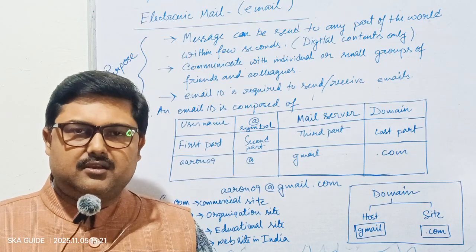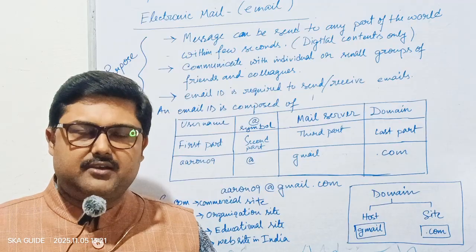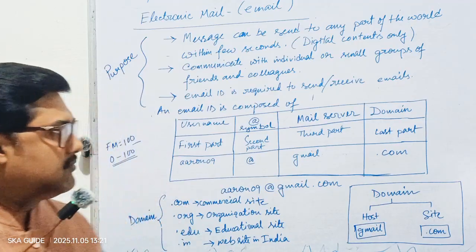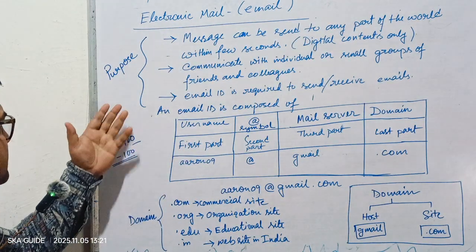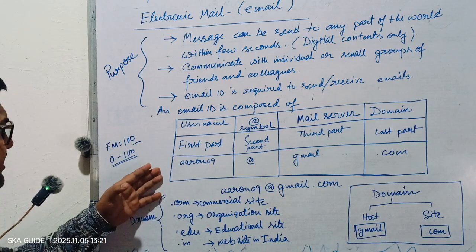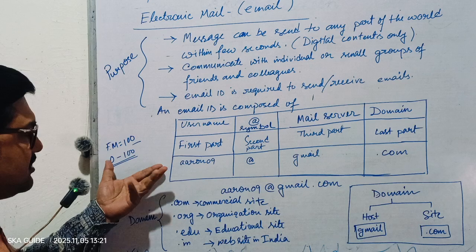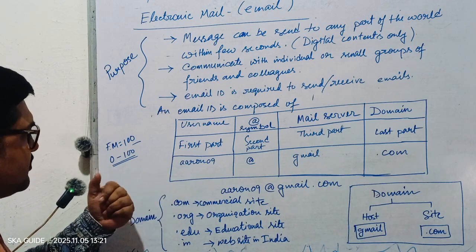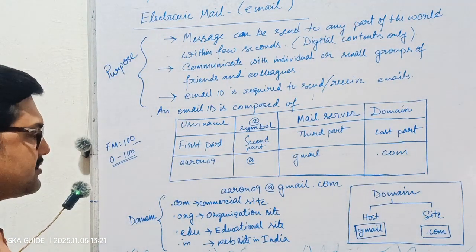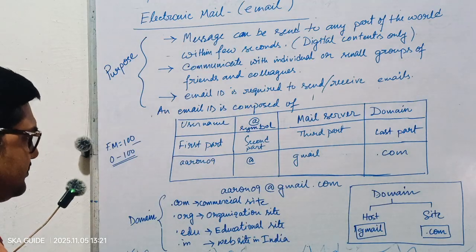Here, today, our topic is email communication or electronic mail. We will discuss what is electronic mail, what are the purposes of electronic mail, and we will demonstrate what are the parts of an email ID, which is very much necessary for communicating via email services.